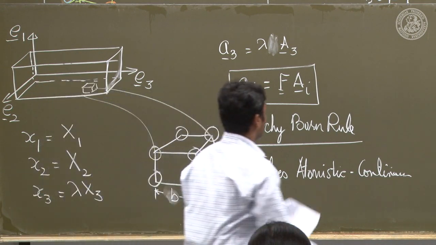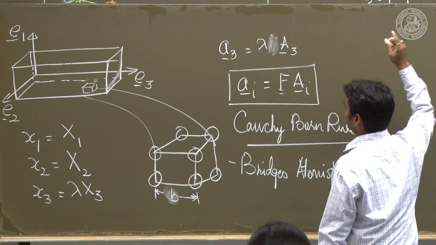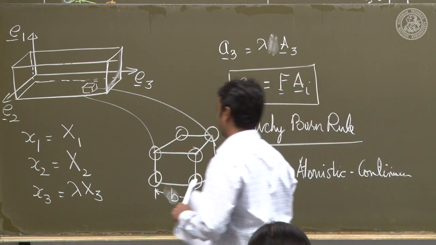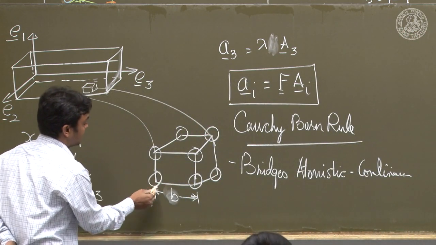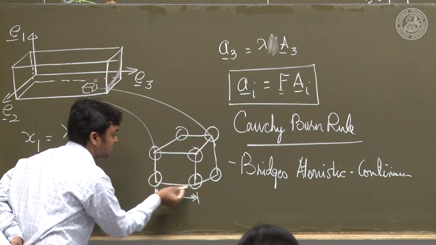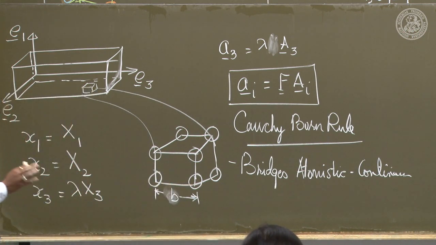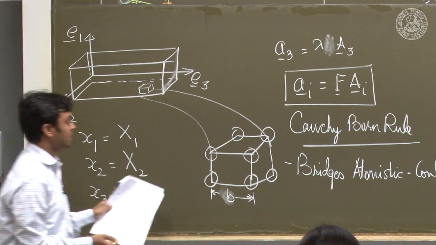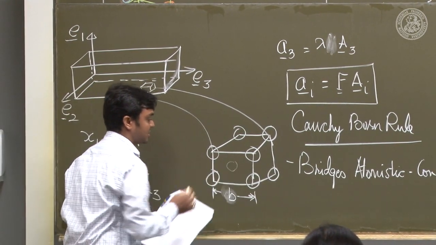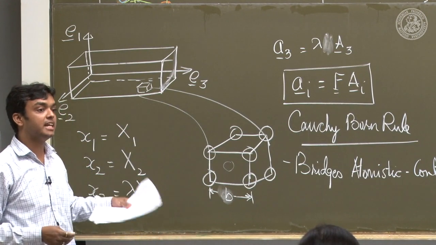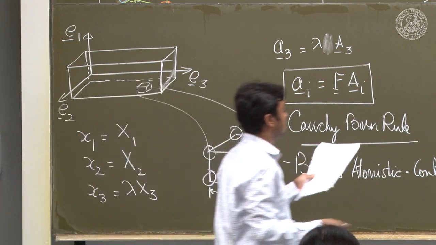So far we have found how the lattice vectors deform when the deformation is applied. But what about the basis atoms here as well? How do they deform? That's the unknown.